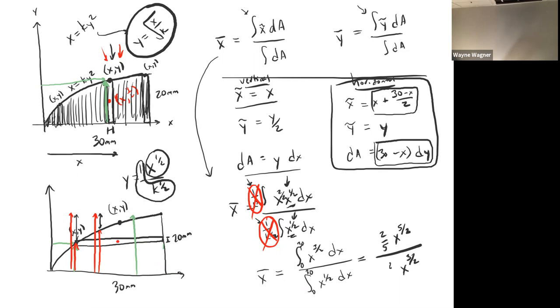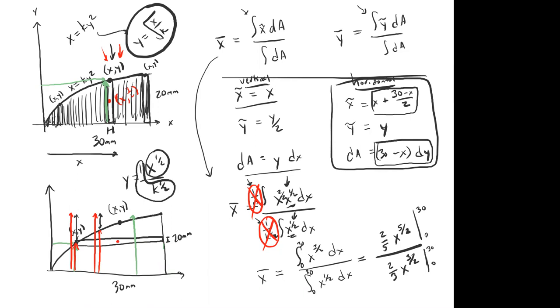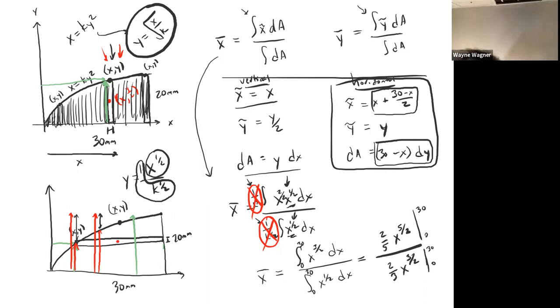And this will be 2/3, like that. And then both top and bottom, we're going to go from 30 to 0. Luckily, those zeros don't matter. Are you guys following? Okay, so I'm just going to plug those numbers in. I don't have to worry about the zeros, right? Because they're just going to come out to be 0.